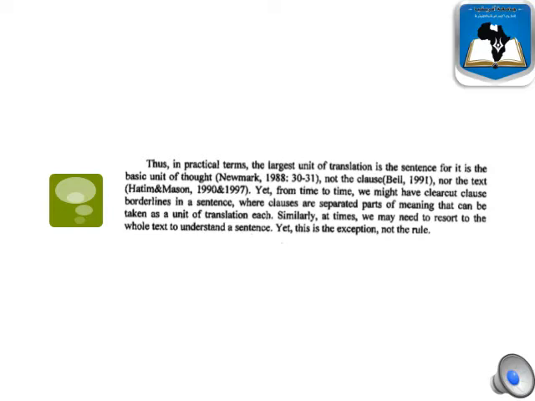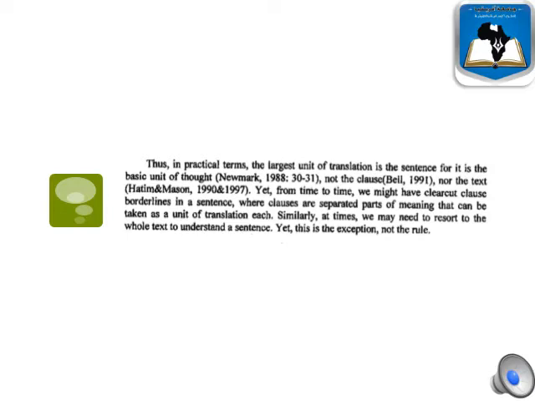You may want to read some of the margins so you can grasp the intention, the meaning of the speaker or the writer. Because as a translator, you need to have a solid background regarding the intention of a text. Yet this is the exception, not the rule, of course.